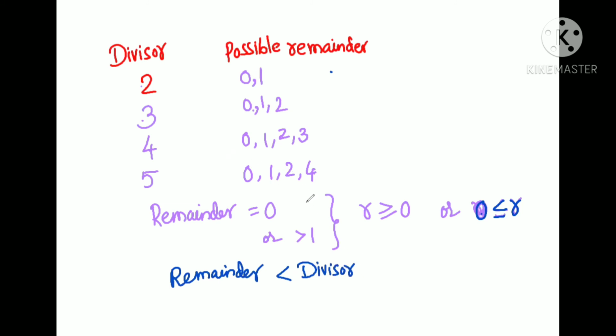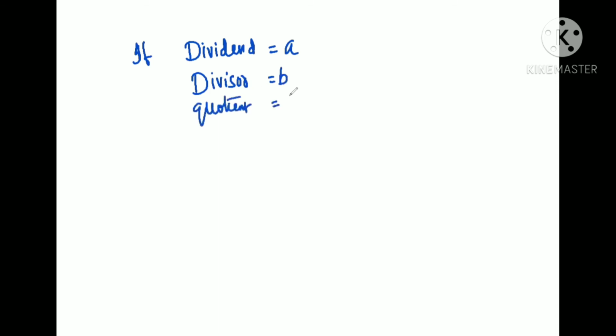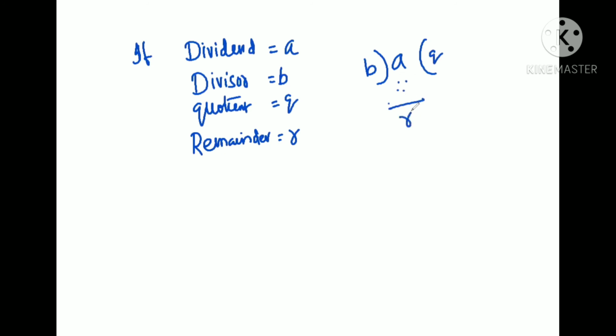So from this we can conclude that if dividend is A, divisor is B, quotient is some Q, then remainder is R. If we take like this, you can check like this: dividend is divided by B, we get quotient, we get some product by multiplying this, and after subtracting, we get some remainder.